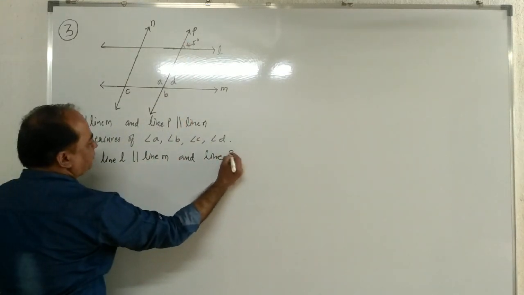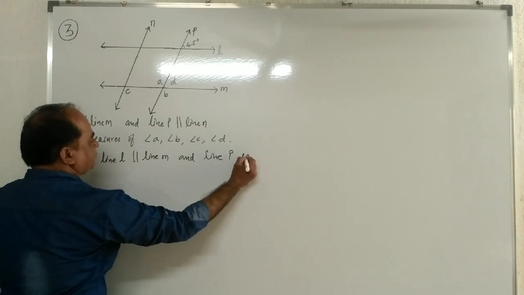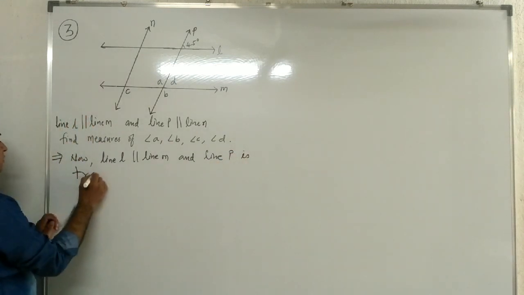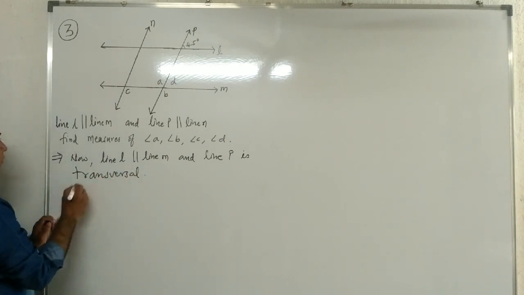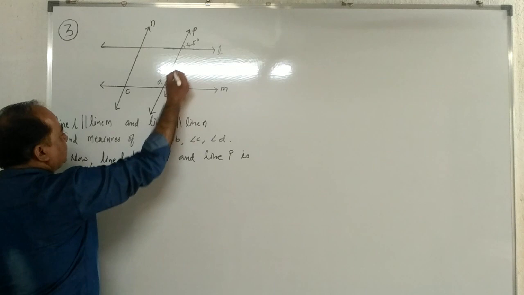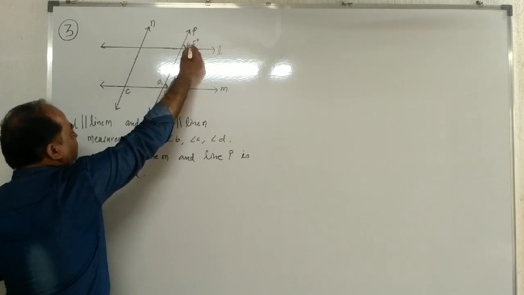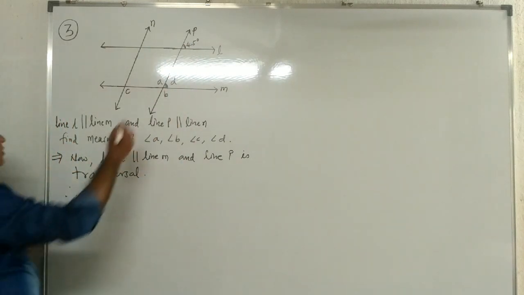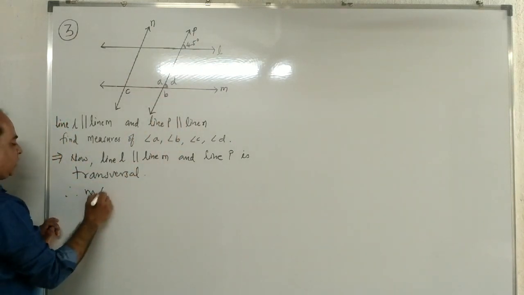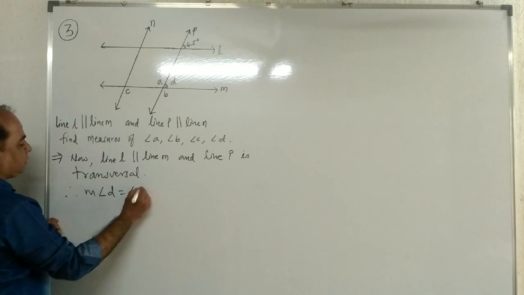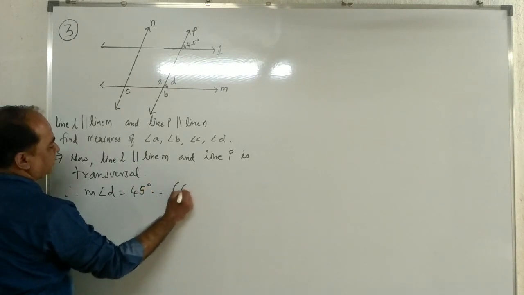Therefore, measure of angle D is equal to 45 degrees. These are the corresponding angles. So corresponding angles are congruent. Measure of angle D is equal to 45 degrees.